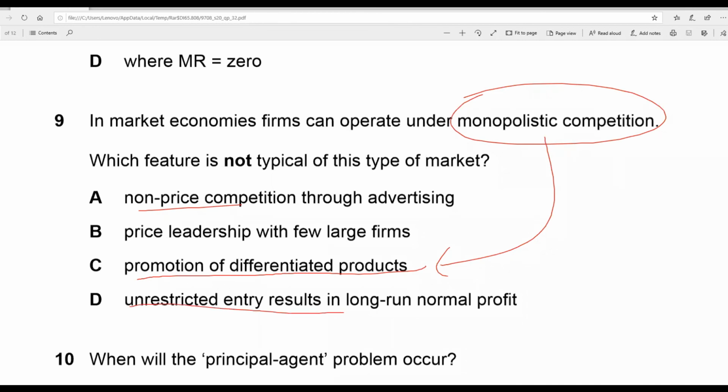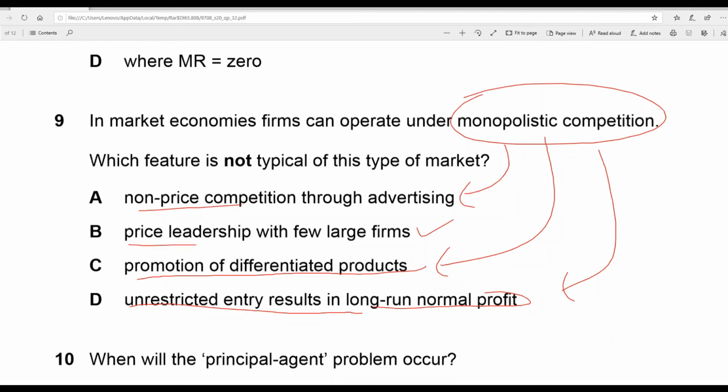Unrestricted entry results in long-term normal profit. So there is unrestricted entry. Definitely there are no entry barriers in a monopolistically competitive market. So it is again part of monopolistic competition. So these three features are part of a monopolistically competitive firm. So this is not part of this kind of market structure.